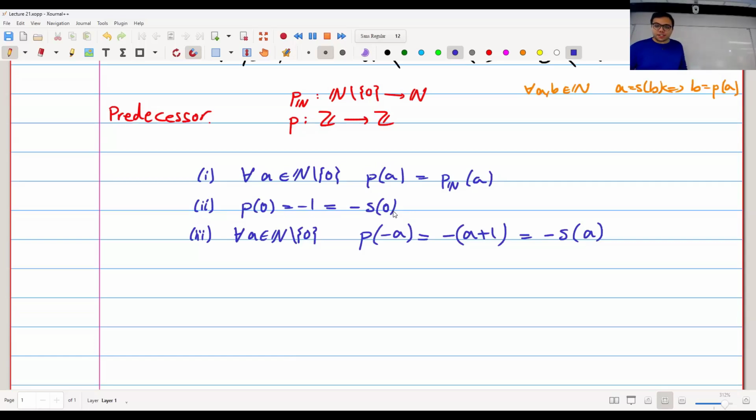I can extend addition. What were the rules I had for addition? My first rule was that for every number A plus 0 is A. I'm going to keep this one, right? And I'm going to say now this holds for every integer.